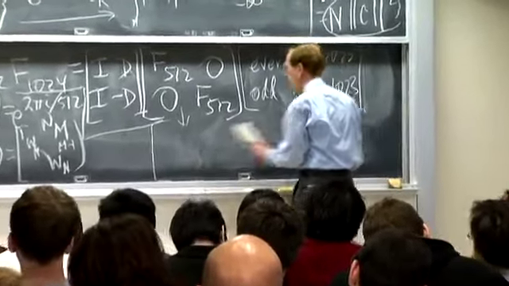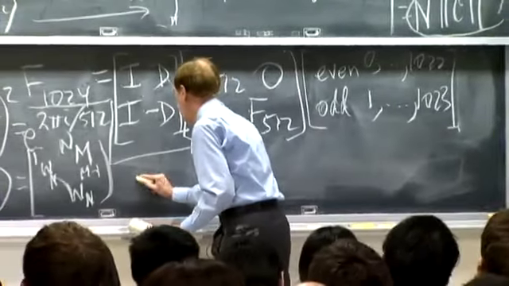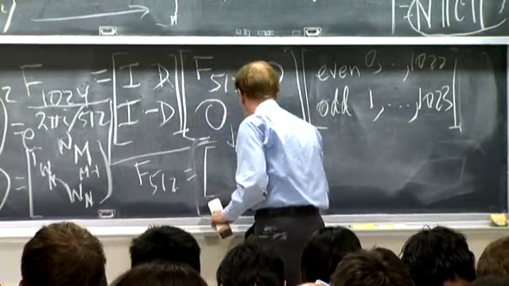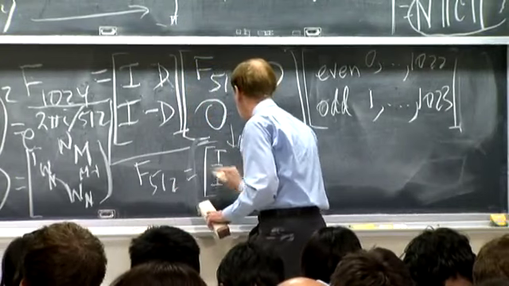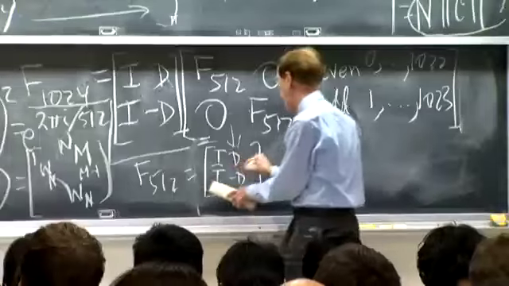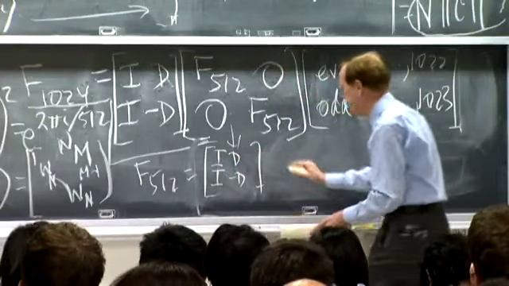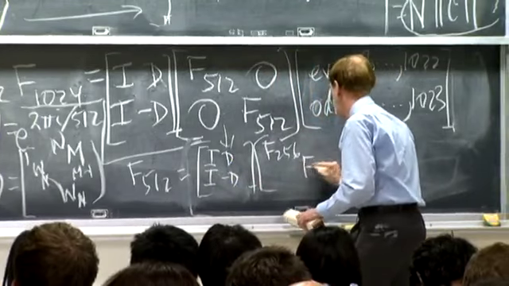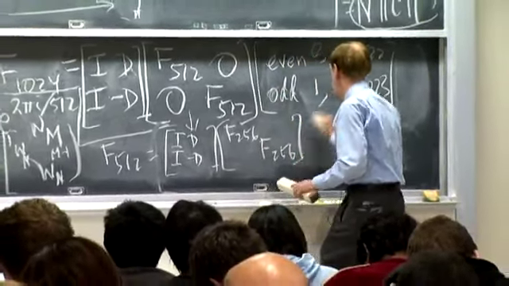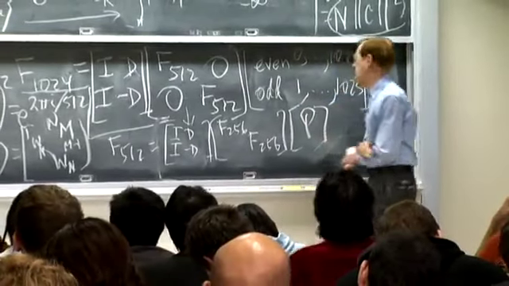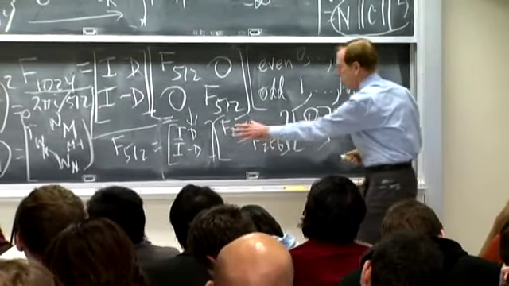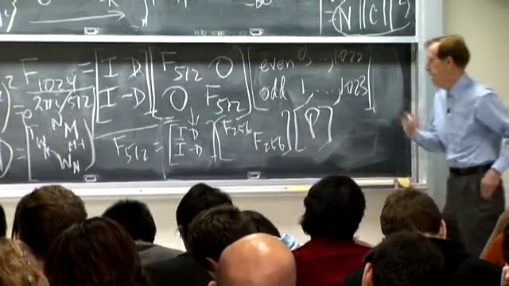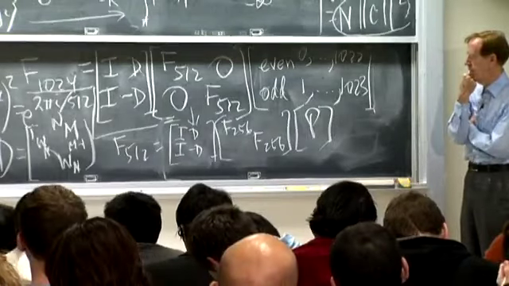So now I have to do, let me write, F512 will be now smaller, an I, and a D, and a minus D for the 512 size of F256, and then the permutation, the odd-even permutation P. So we're doing this idea in there and in there. Yeah, so it's just recursive, right?